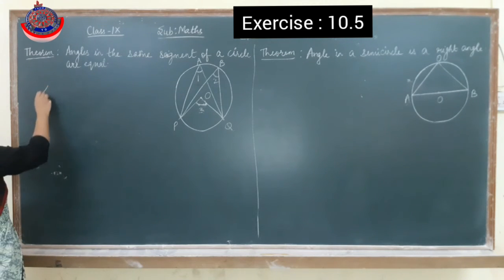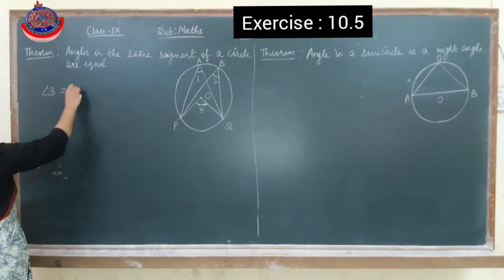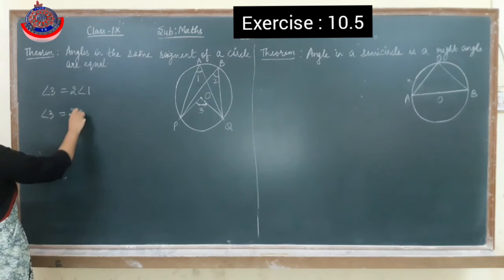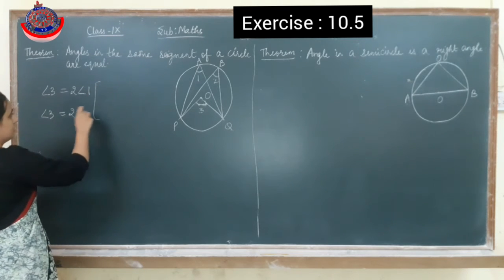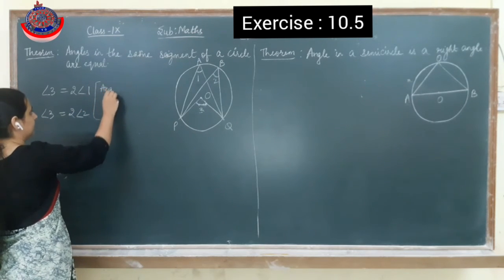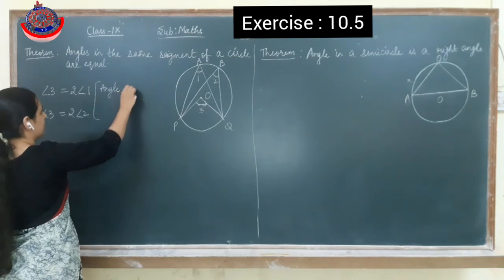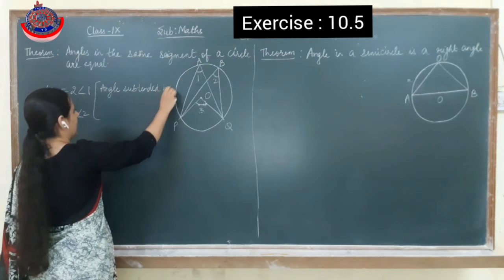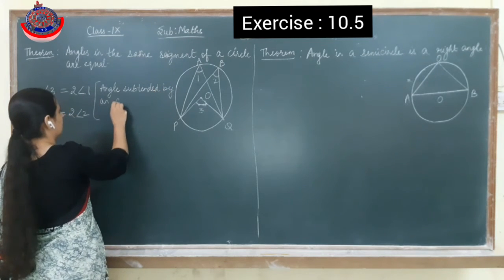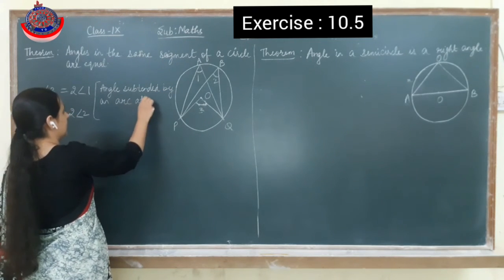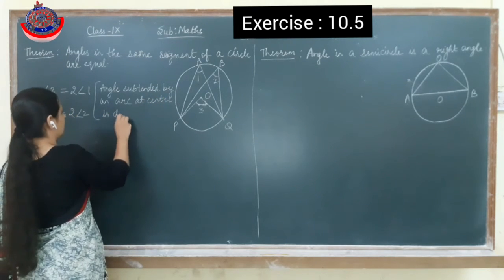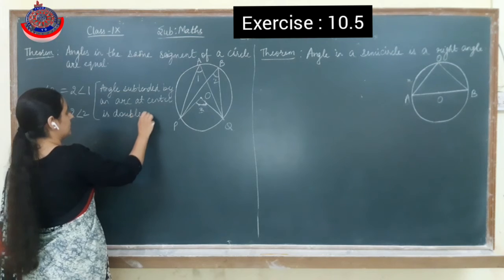I can write angle 3 is twice of angle 1 and angle 3 is twice of angle 2. Reason we will mention the same, that angle subtended by an arc at center is double the angle. We have to mention the full reason.